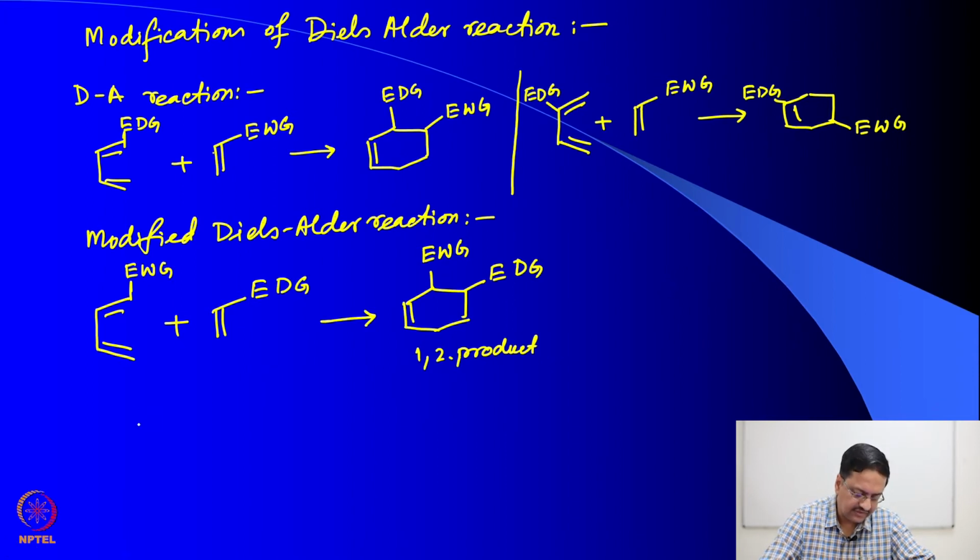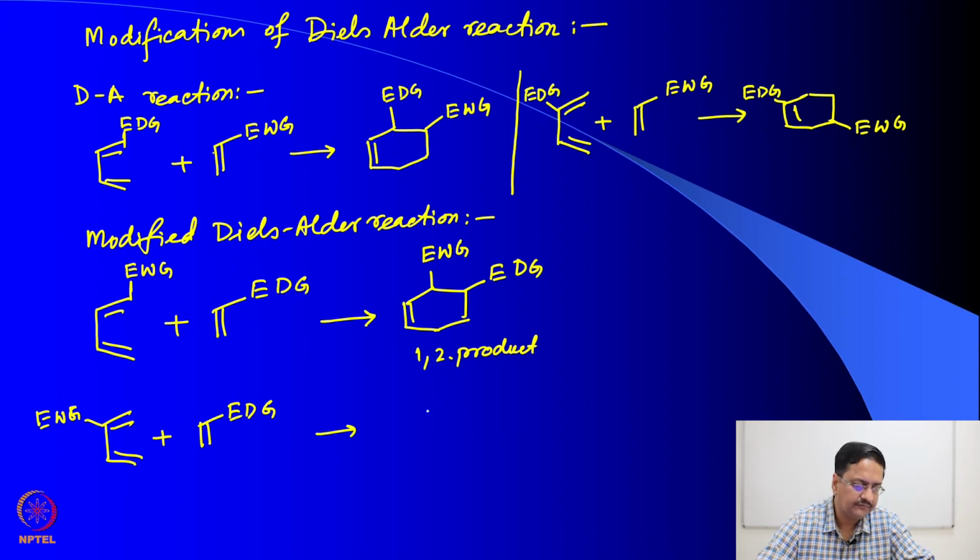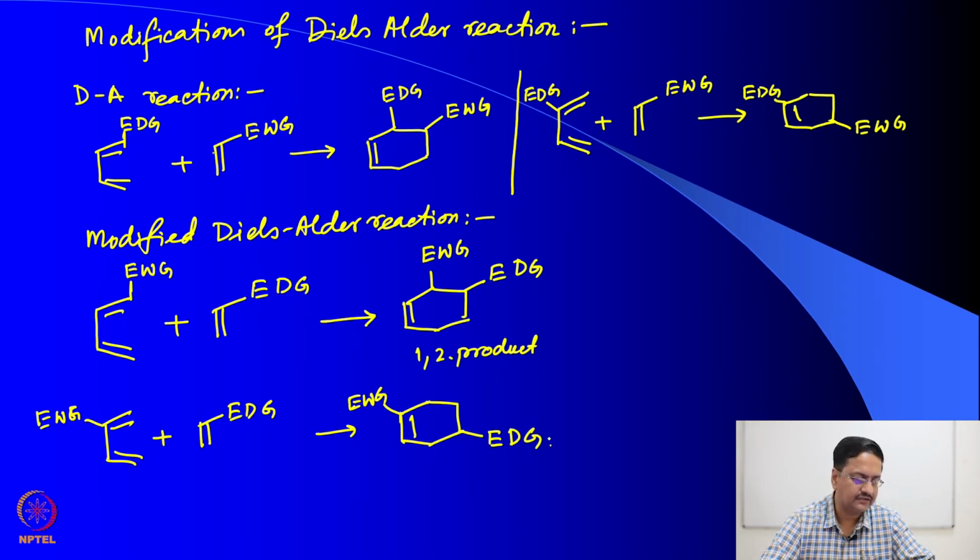And if you have the other possibility, that the electron withdrawing group is on carbon number 2 and the electron donating group is on the dienophile, you would get the corresponding 1,4 product, as was obtained in the actual Diels-Alder reaction.